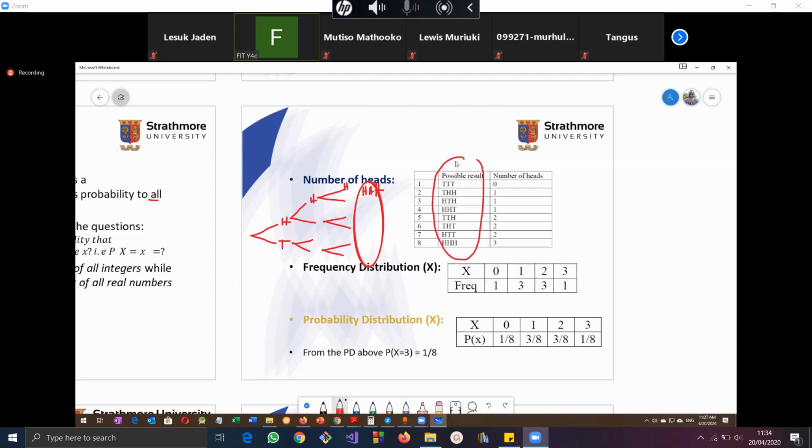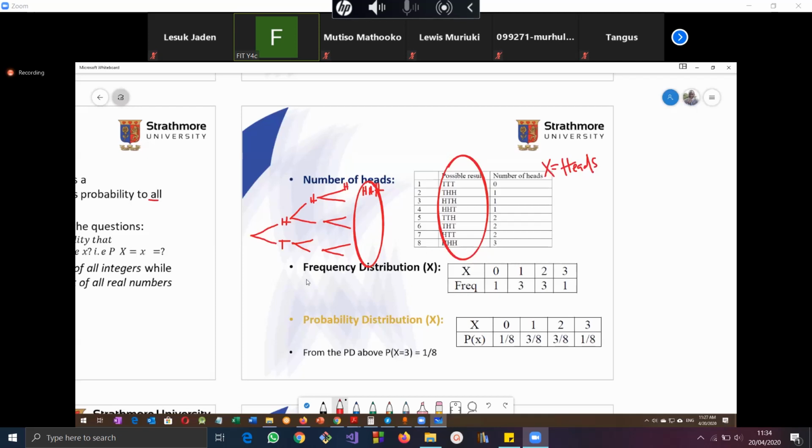Then the random variable is defined by the number of heads. That's important, how you define your random variable. Random variable X is the number of heads. That's what we're interested in. Only the heads. We can define other random variables, and then we will get a different distribution. Good. So I can either get 0 heads, 1, and so on.